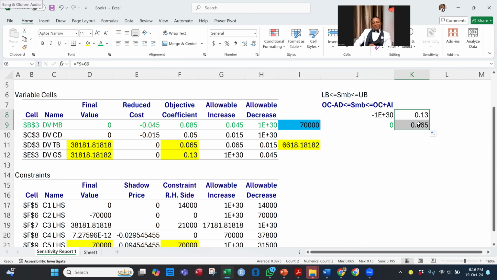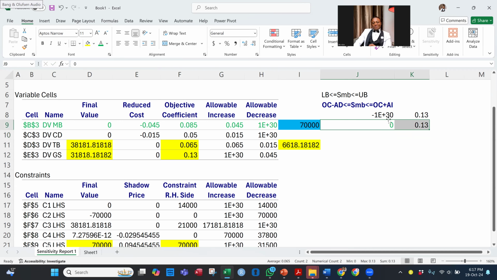So we can say that the lower bound is 0 and the upper bound is 13%. Finish. So anytime you get a negative value, make it, sorry, make it 0. Only for sensitivity range. That is how.